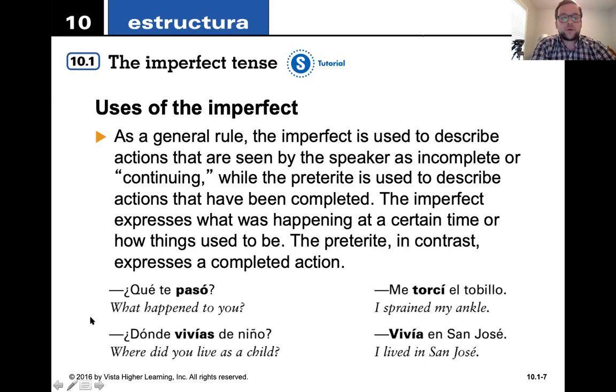Okay? Now, here is where we get into the imperfect. ¿Dónde vivías de niño? Where did you used to live as a child? Okay, por ejemplo, yo vivía en Rock Hill, South Carolina, ¿no? So you would say vivía en San Jose or en Carolina del Sur, ¿no? Vivía, I used to live there, right?